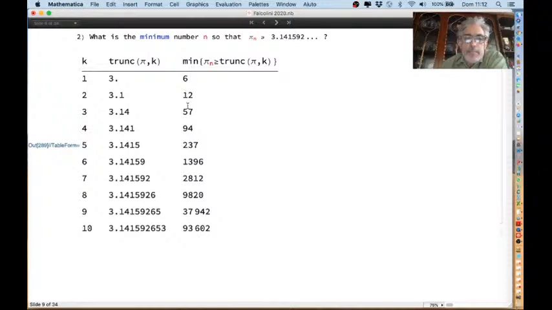So we look at that with 3.14, the answer was 57, previously was 12 and 6 for smaller precision, but for higher precision, we see that we can get n very large, and we can also study, if we like, the rate of convergence of such a sequence on k.